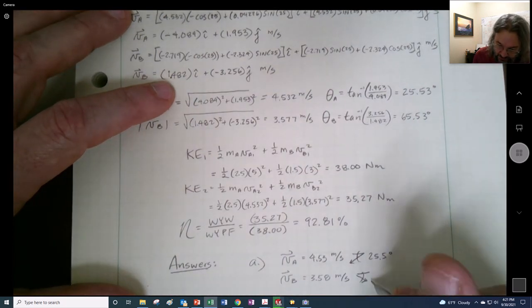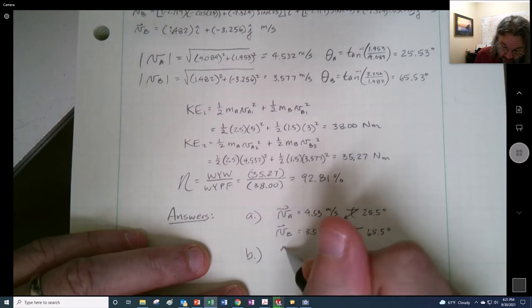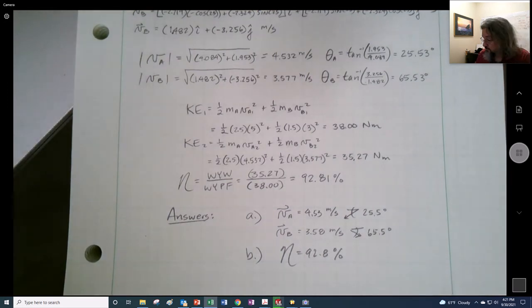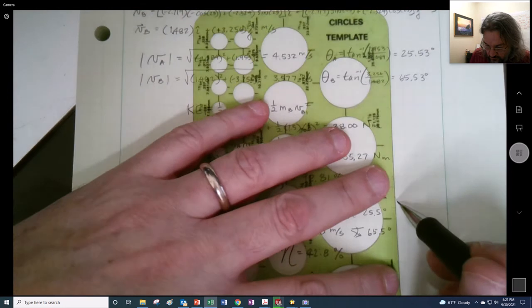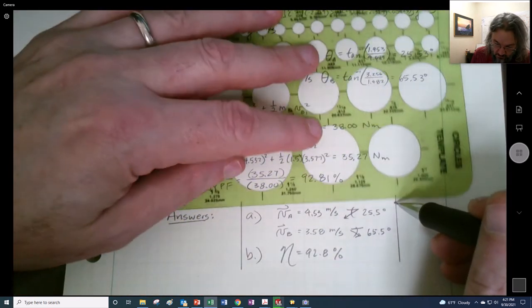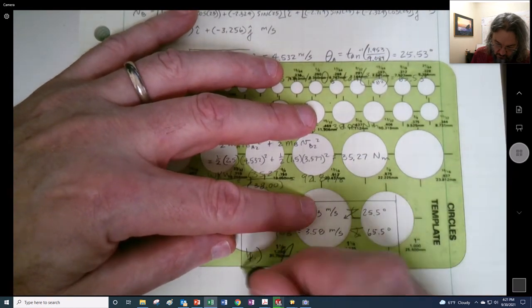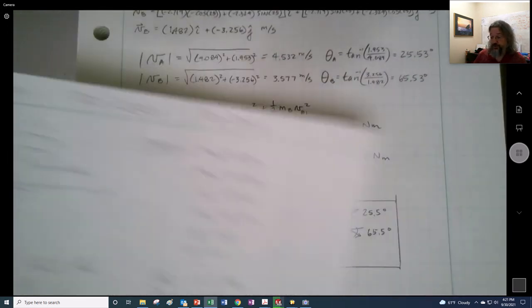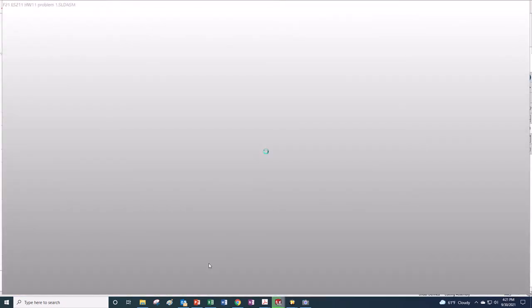And I'm going to show you a simulation of this in a second. And then the last one is B, and the efficiency is 92.8%. Ta-da. All right, so there are the answers, and I think I got it right. It's a long process. Here is a simulation of this.